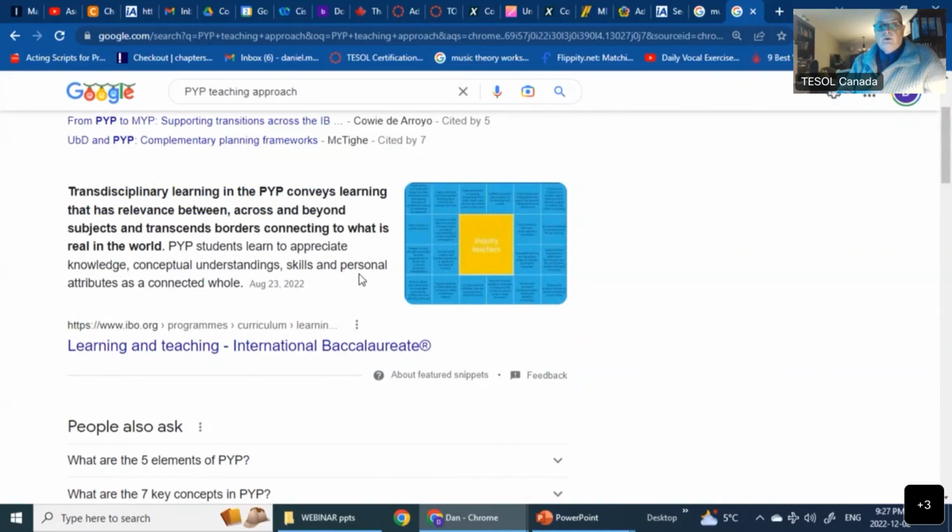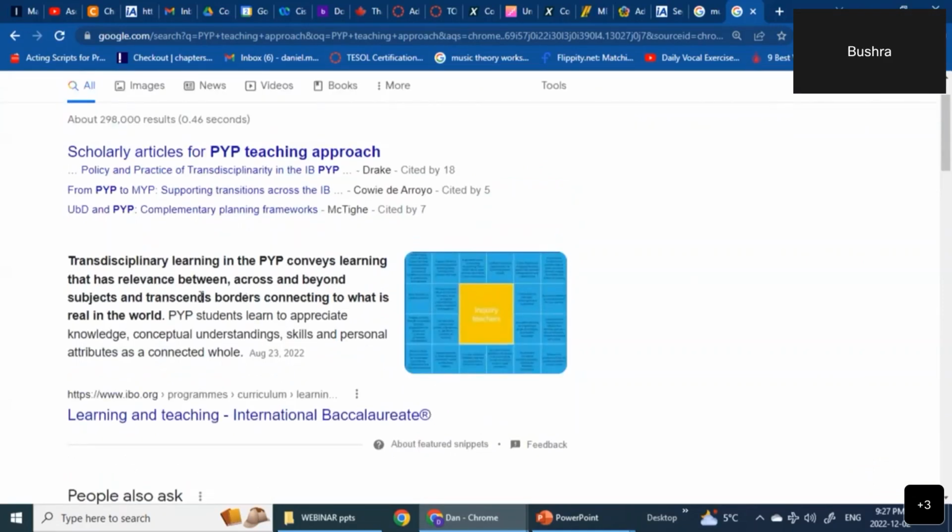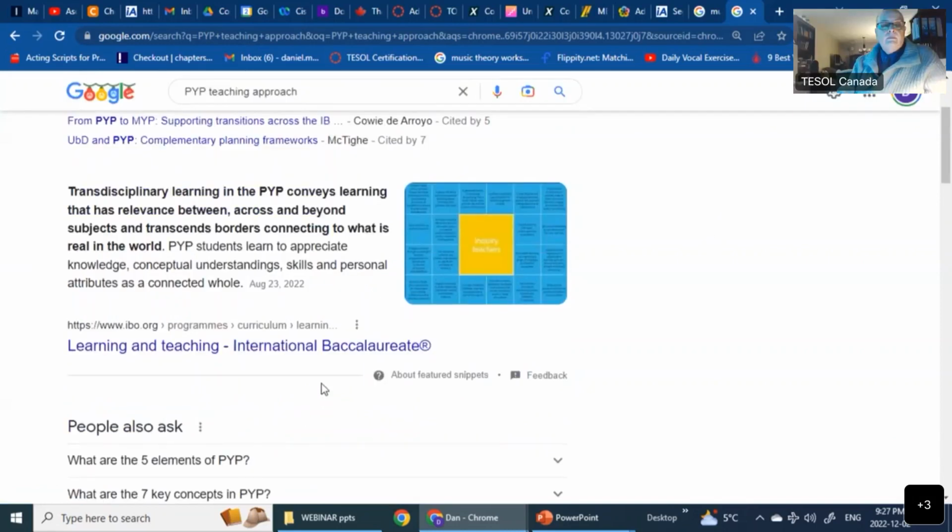And sir, what is the IB approach? PYP is related to the IB approach. IB is the International Baccalaureate. Okay, so what's the difference between the IB approach and STEM-based learning?